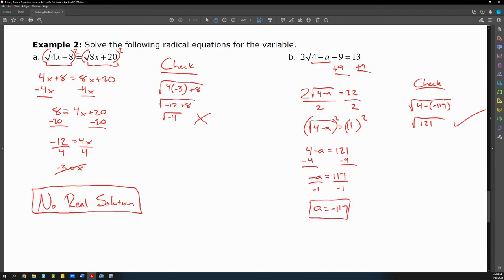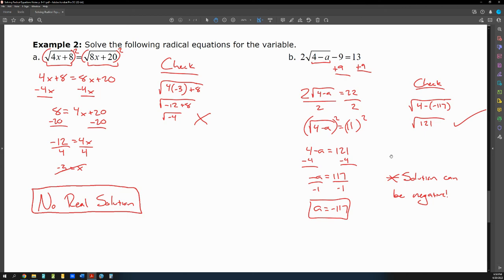So we do not eliminate the solution, a equals negative 117. That is our solution. And I just wanted to include this as an example because the solution can be negative. Your solution can be negative, but your radicand cannot. So that's why we check the radicand.